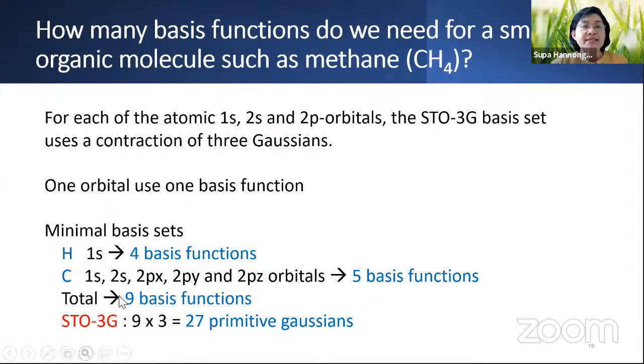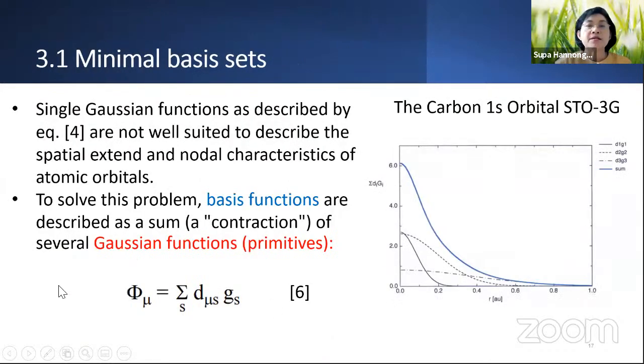If you understand that one orbital needs one basis function, and one basis function uses 3 Gaussians, therefore methane has 9 orbitals and 9 basis functions. And at the end, you can consider that methane consists of 27 primitive Gaussians. So if you remember, this is the primitive Gaussian. So you have 27 primitive Gaussians, okay?